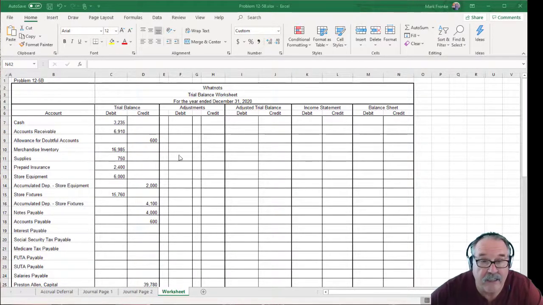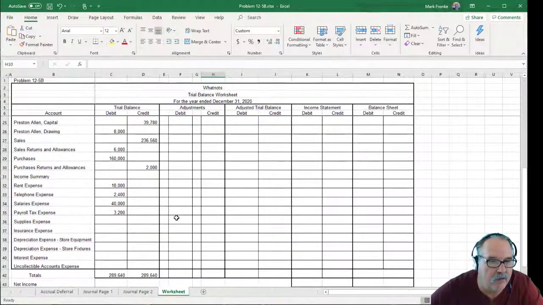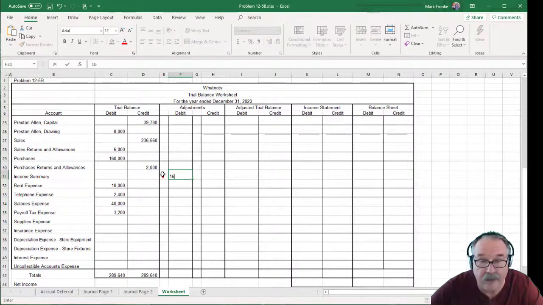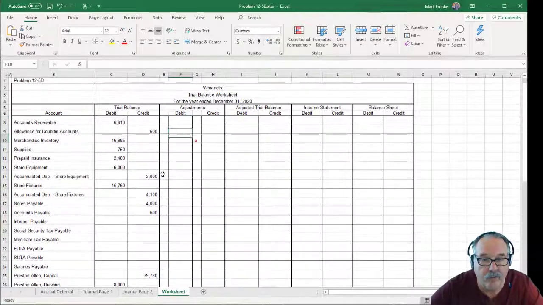The first adjustment is to write off the beginning inventory. That is a debit to the income summary, and the income summary is down below here. There it is. That's going to be $16,985, and the credit goes to the merchandise inventory account.